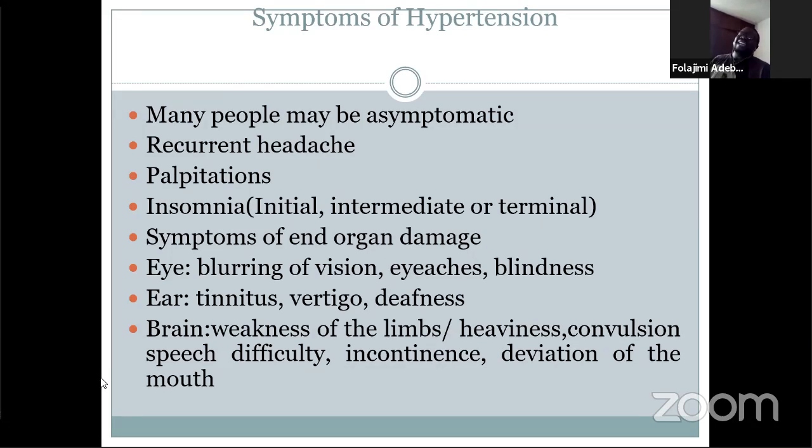But if you understand one thing, for most people, the difference is 20 or 30. If the lower is 80, the upper might be 120, a difference of 30. If your upper is 150, your lower might be 100, 110, or 120. So they usually move together in tandem. Not in all cases.